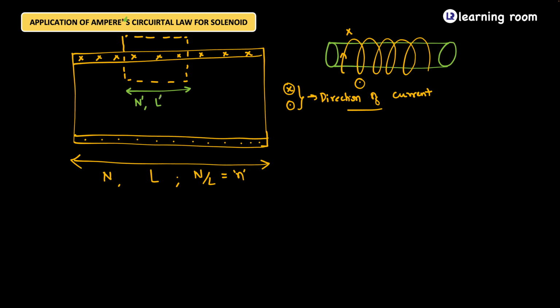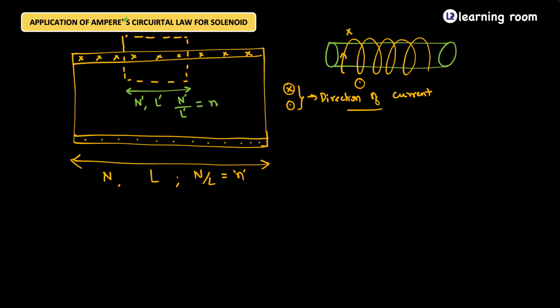Okay, so here, n dash divided by l dash, what does this represent? This is also going to be the number of turns per unit length, where this value you should not write as small n dash, rather it is small n only.